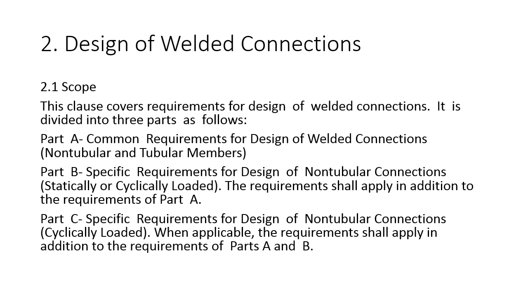Part B is specific requirements for design of non-tubular connections, statically and cyclically loaded. The requirements shall apply in addition to the requirements of Part A. Part C, specific requirements for design of non-tubular connections, cyclically loaded. When applicable, requirements shall apply in addition to the requirements of Part A and Part B. So this is just telling you what this covers.